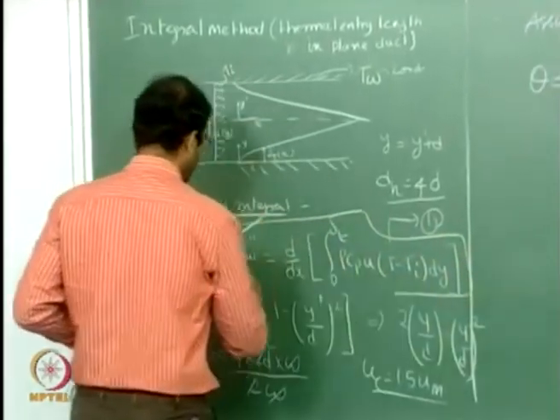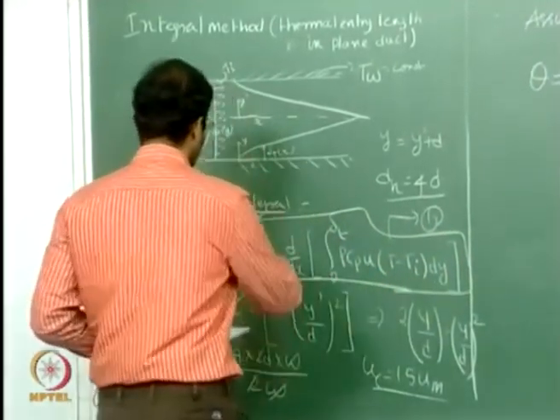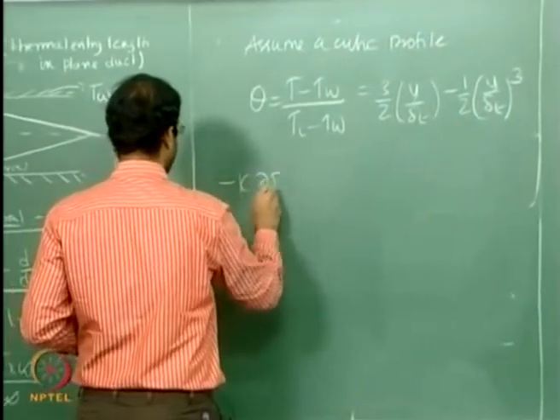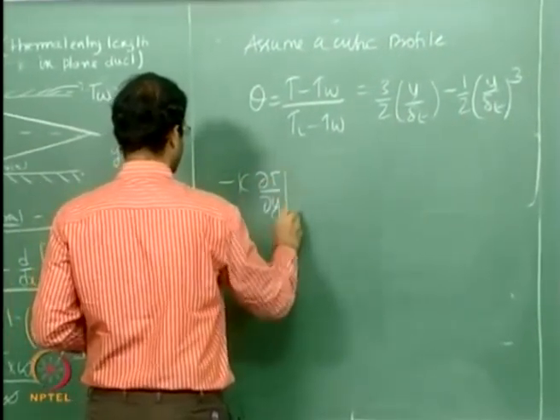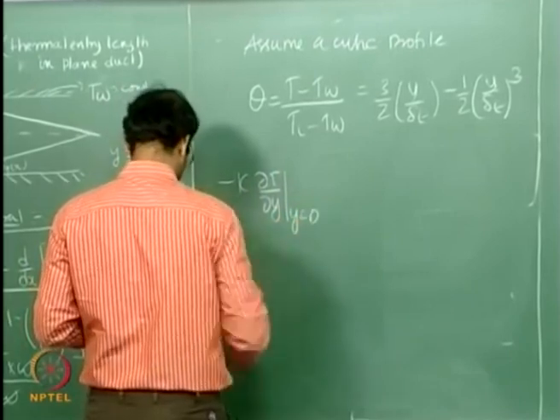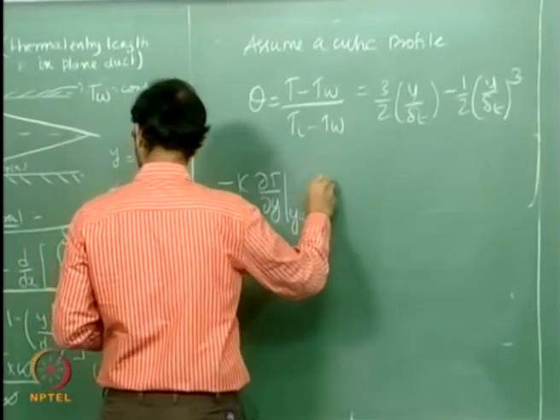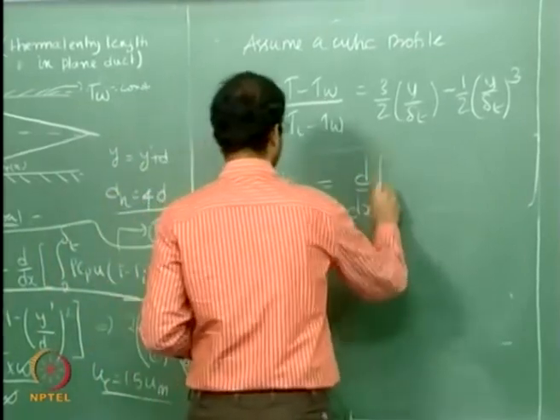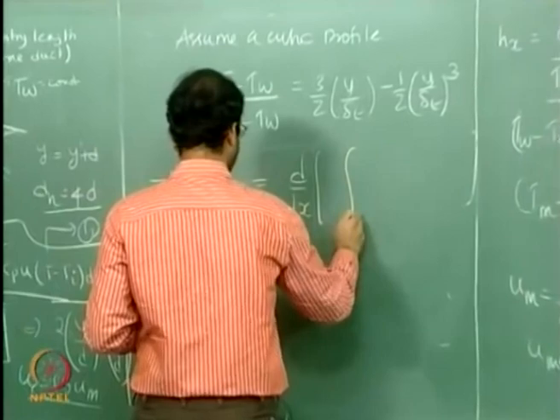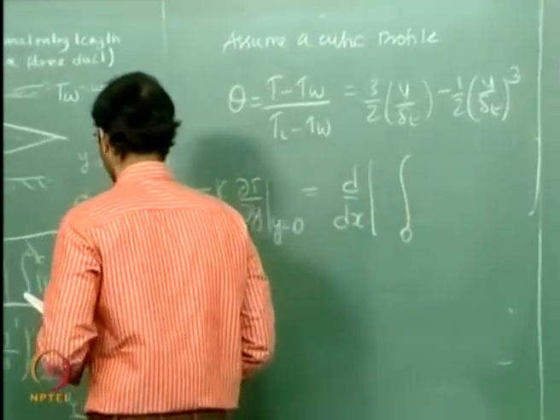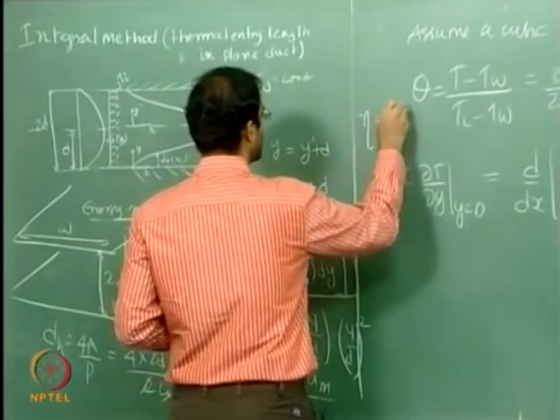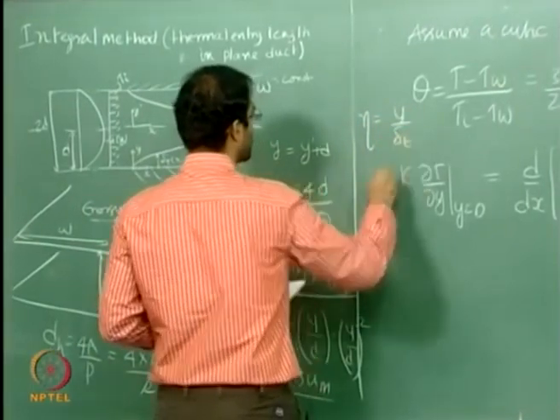This can be rewritten. So your q wall can be written as minus k dT by dy at y equal to 0, and that is equal to d by dx of the integral from 0 to delta t. Now I am going to use the non-dimensional coordinate for y, which I define as eta, equal to y by delta t.